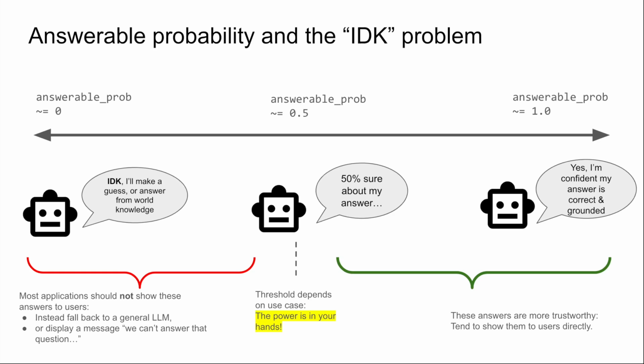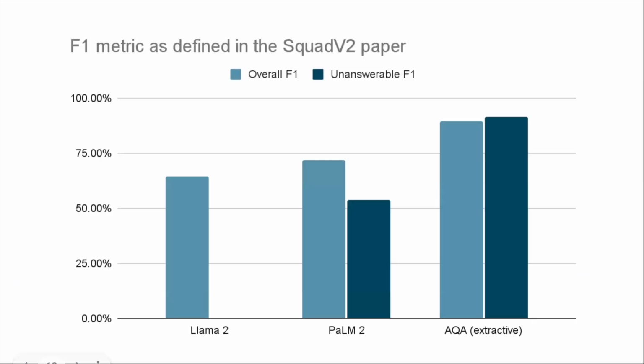What you can do is 2 cases. Either fall back to a general LLM that relies on world knowledge, that is knowledge outside of the given passages, or display a message to the effect of, we cannot answer that question based on the documents. So this really gives you flexibility to choose.